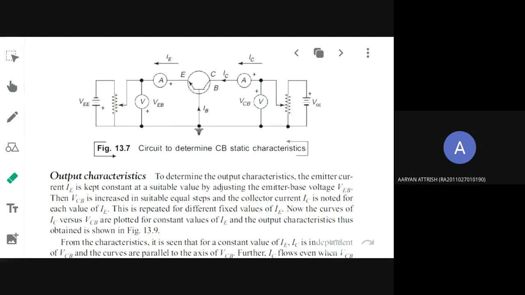NPN and PNP. So this is representing what type of transistor? You can check the current directions, outwards or inwards. Outwards, so it is an NPN transistor, with emitter, base and collector terminals.